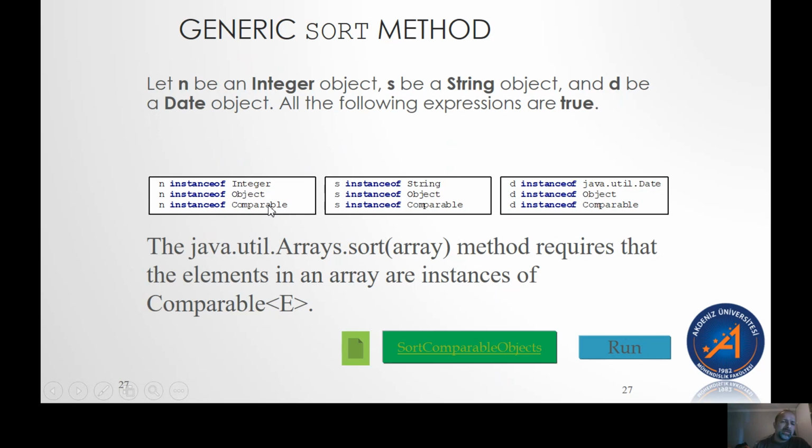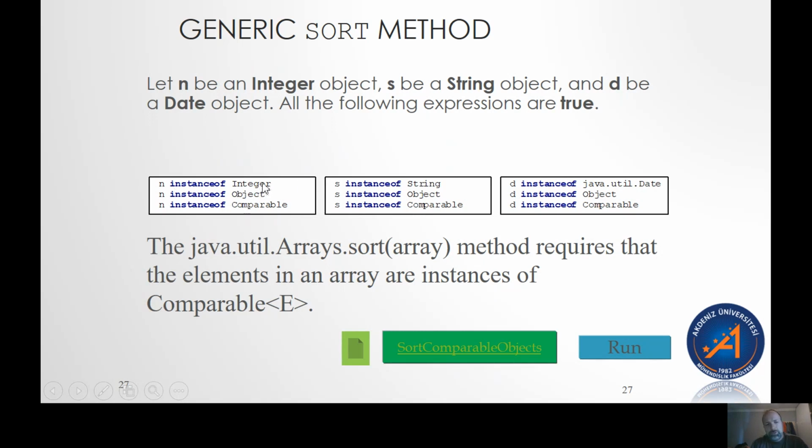So instanceof is not just about what parent class you extend, but it can also be about what interfaces you implement. So in this case, all of them extend from Object on some level. All of them implement the comparable interface.